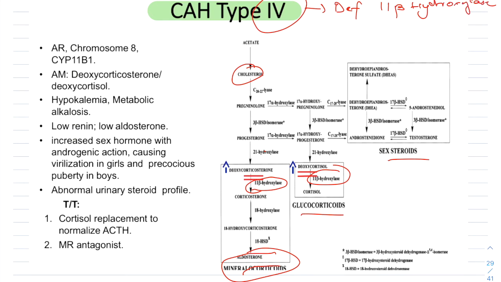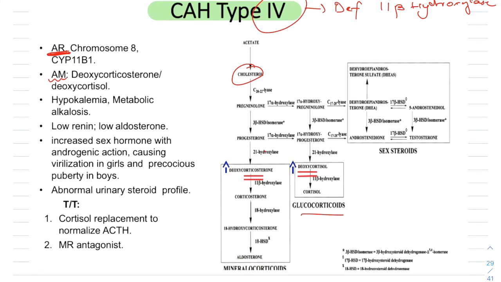You should remember that it is inherited as autosomal recessive inheritance. The apparent mineralocorticoids here are deoxycorticosterone and deoxycortisol. Let me explain how that comes about.